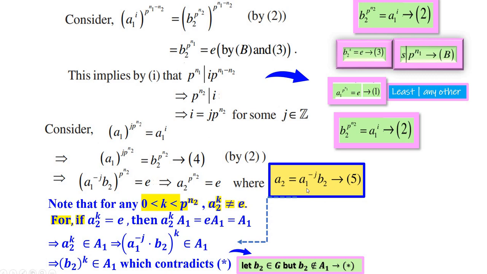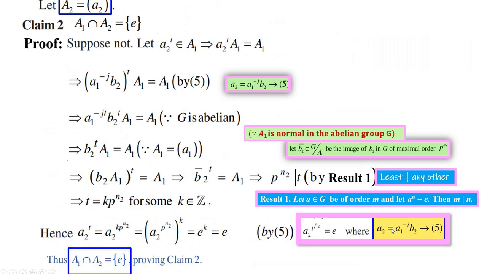But a2 is nothing but a1^(-j) b2, so you have this step, and because A1 is generated by small a1, this will be absorbed over here, and we are left with b2^k belonging to A1. That's a contradiction, because at the beginning we have assumed b2 to be a member of G, but b2 is not a member of A1, which was named as statement star.